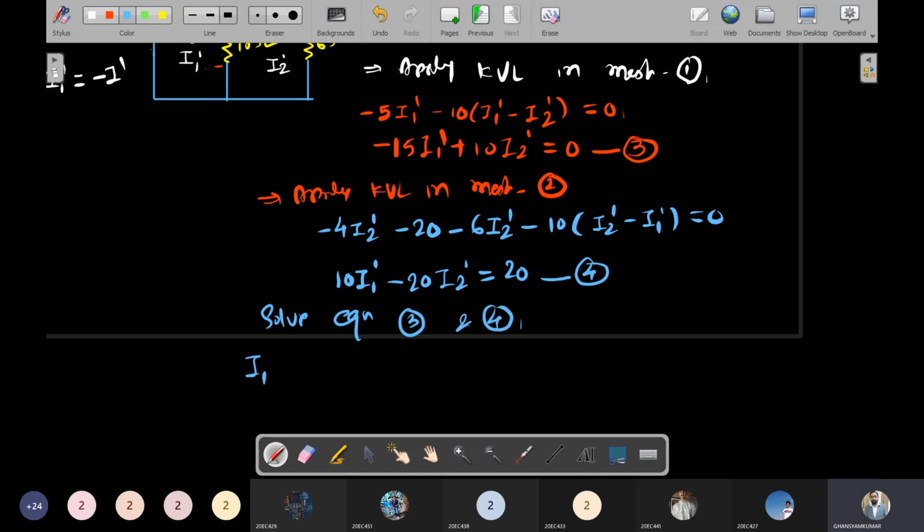You will get I1 dash equal to something and I2 dash equal to something. What are you getting? Solve both the equations and tell me the answer.